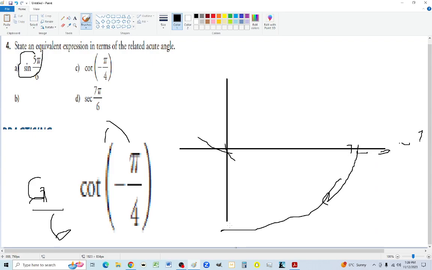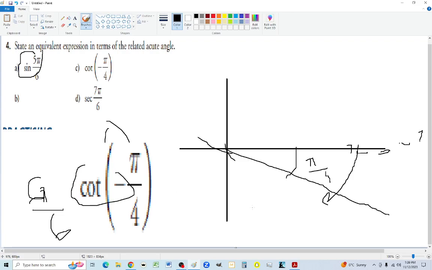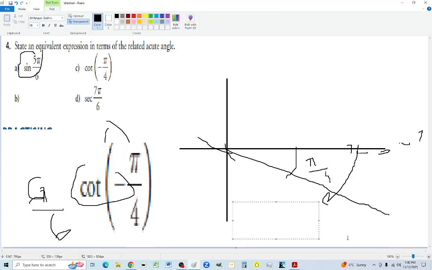Since this is pi over 2, and pi over 4 is half of that, we're talking about 45 degrees right here, which means the acute angle we're talking about is still pi over 4. But the problem is, this is cotangent. The only thing that's positive in quadrant 4 is cosine. Therefore, the result of this, whatever it is, would be negative. So keep that in mind.